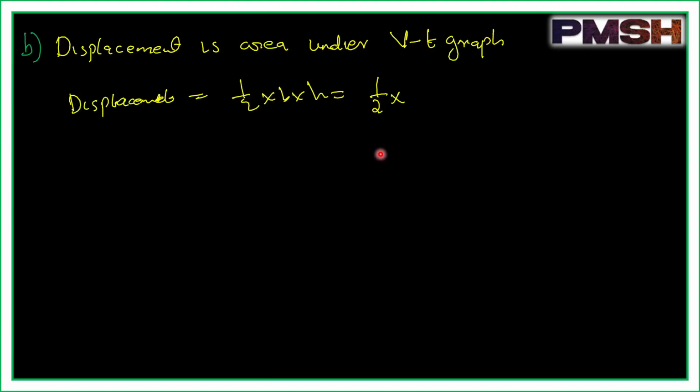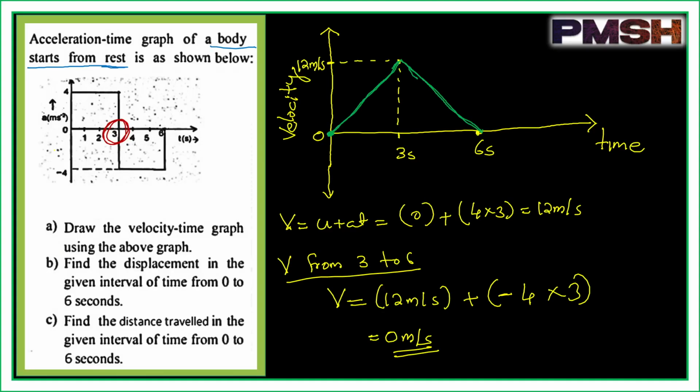So it's going to be half times 6 times 12, that is 3 into 12, which is 36 meters. So that is the displacement. Now let's observe what is the C question. The C question is, find the distance traveled in the given interval of time from 0 to 6 seconds.